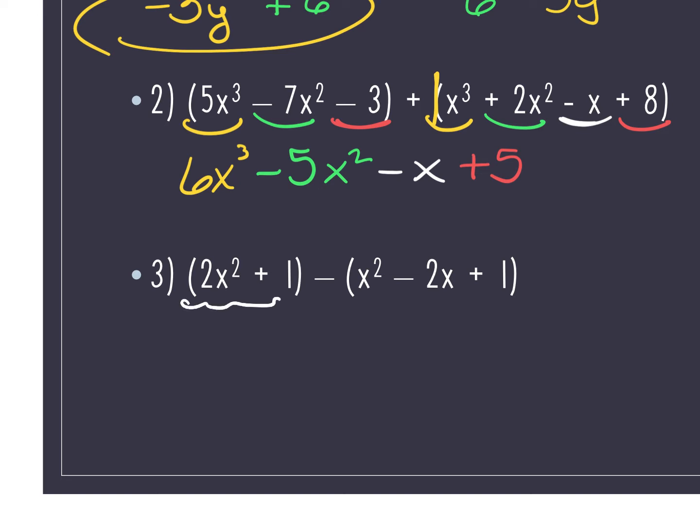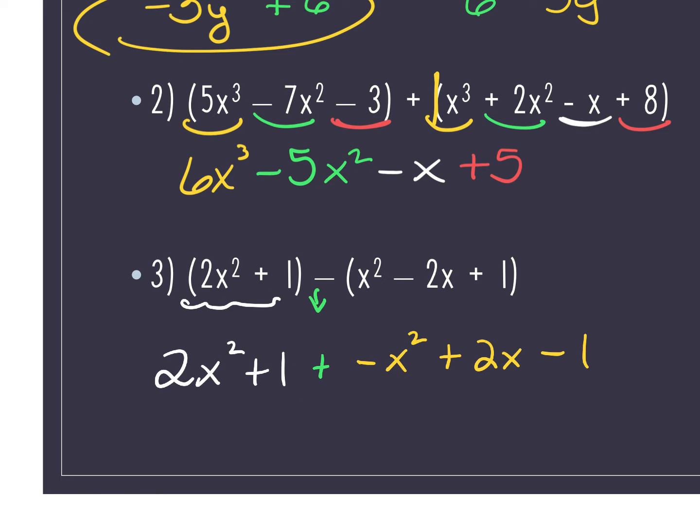So the first parenthesis stays the same. And then I change this subtraction sign to addition, and then I flip all of the signs in the second parentheses to opposite of what they are. So this will become a negative x squared, a positive 2x, and a negative 1.